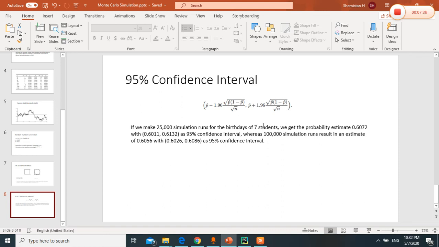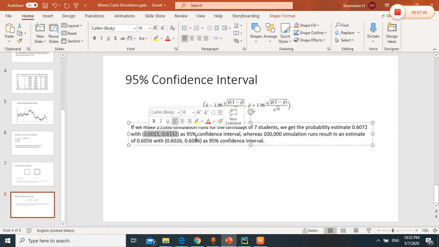After 25,000 simulations, our 95% confidence interval is roughly 120, and if we increase it 4 times to 100,000, the confidence interval is roughly 60.